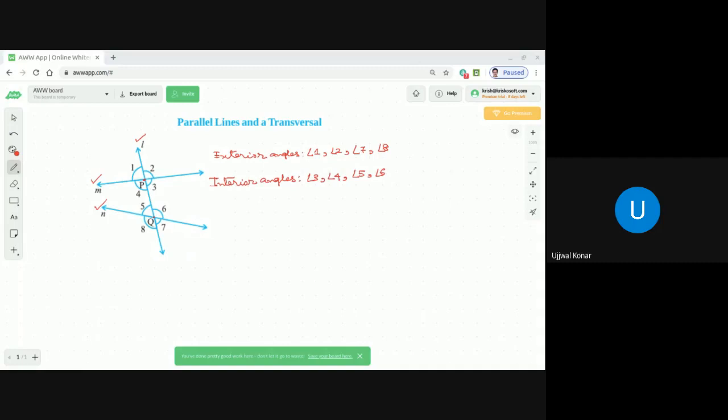Angle 2 and angle 6, angle 4 and angle 8, and angle 3 and 7 are also corresponding angles. So first we discussed exterior angles, then interior angles, and now corresponding angles.